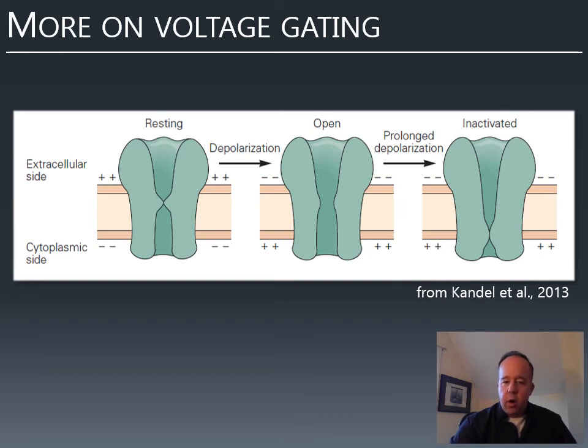But as positive charge starts to move in, especially if that environment inside the neuron becomes actually more positive than the outside, then the channel can open. It senses what the voltage is across the membrane, and if it gets positive enough, if the membrane potential increases, goes up, then it can open up.